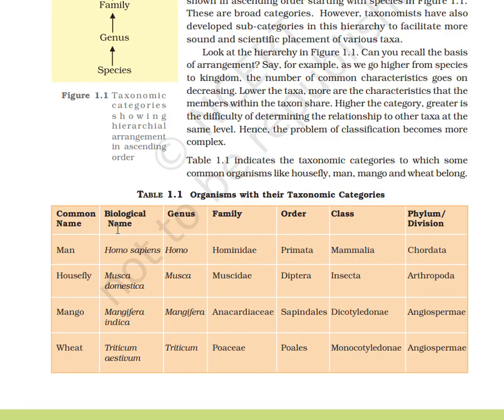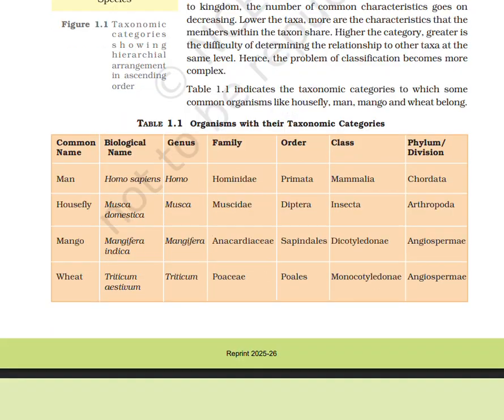Common name mango, biological name Mangifera indica, genus Mangifera, family Anacardiaceae, order Sapindales, class Dicotyledonae, division Angiospermae. Wheat, common name, biological name Triticum aestivum, genus Triticum, family Poaceae, order Poales, class Monocotyledonae, division Angiospermae.